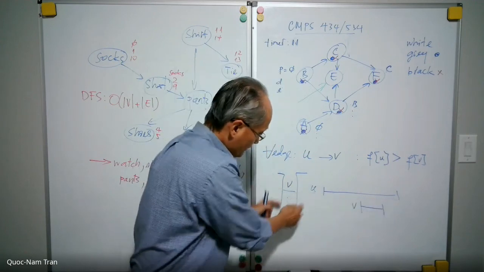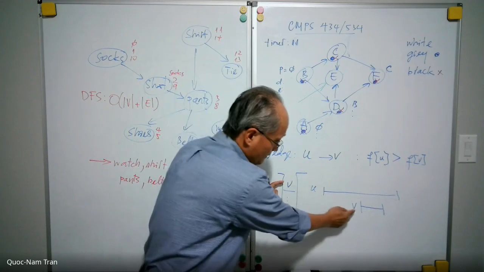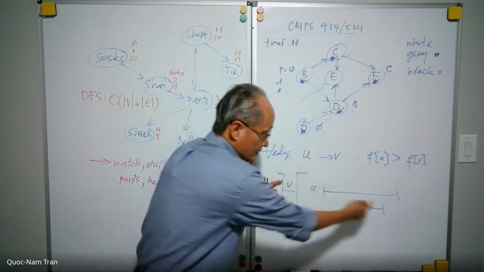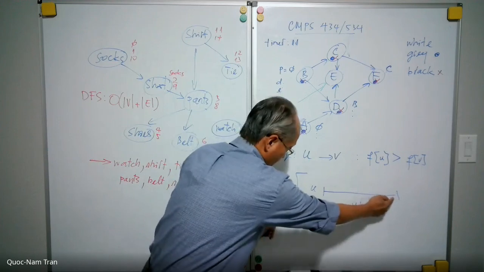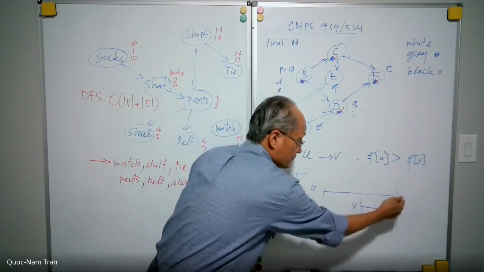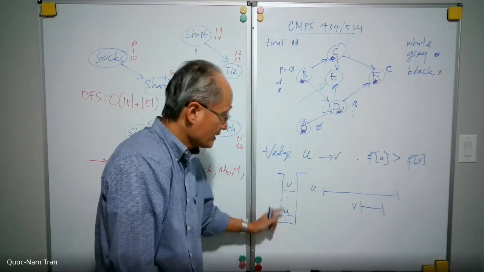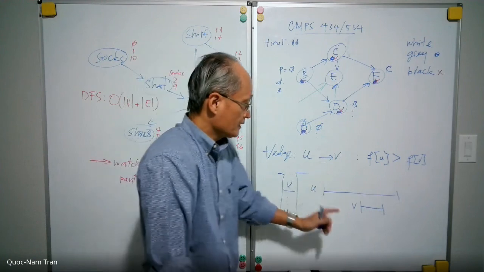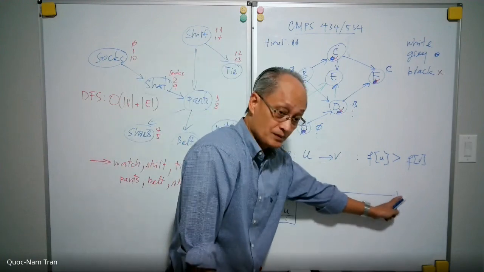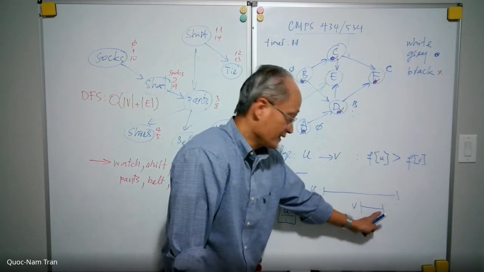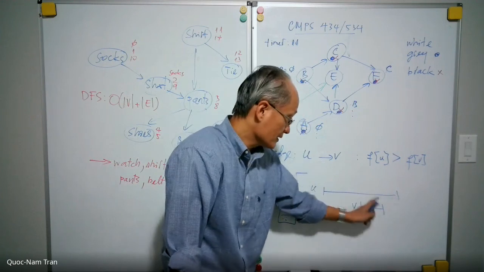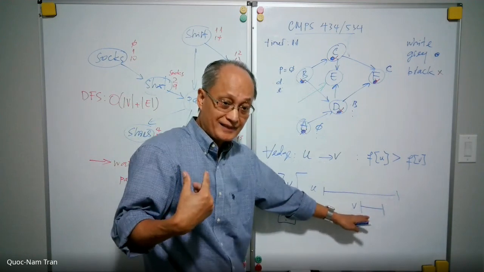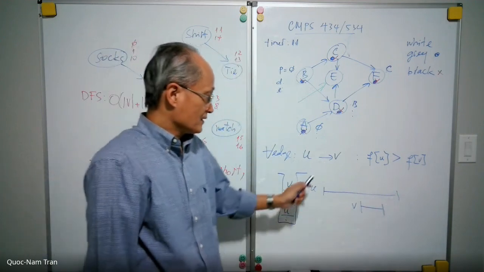So U is here, now we discover V, and V has to finish first and pop out before U is reconsidered and then finished. So for every edge U to V, the finishing time of U is bigger than the finishing time of V, because U is finished and popped after V.